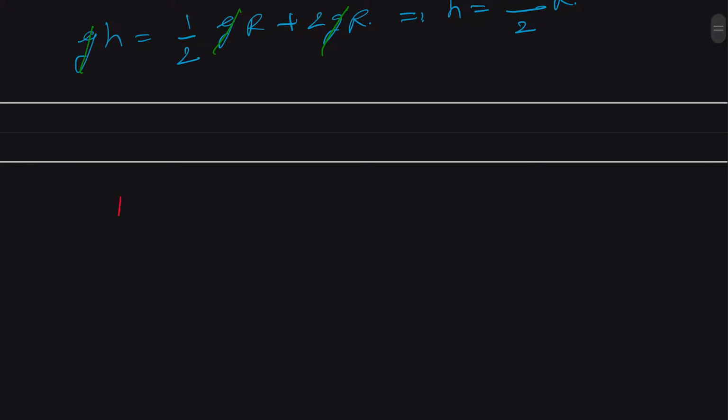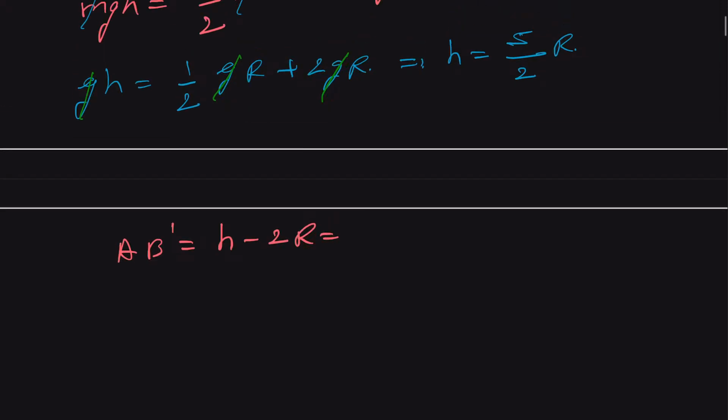Therefore we can write that our ab prime will be equal to total height h minus 2r. So this comes as 5r upon 2 minus 2r, giving us r upon 2.